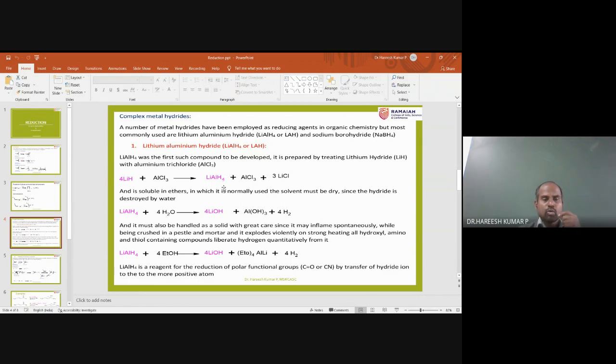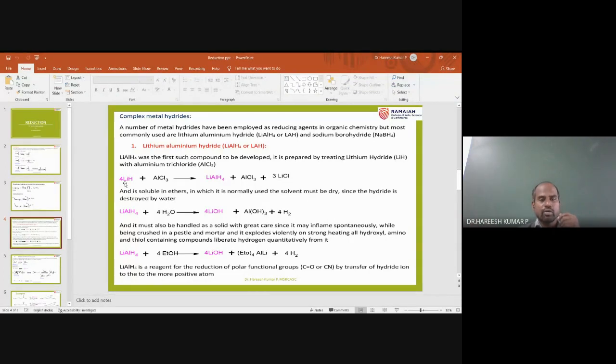One more thing I need to mention: lithium hydride, sodium hydride or potassium hydride, all these are hygroscopic in nature. Hygroscopic means if you expose them to the atmosphere, they can catch fire because they can absorb the moisture present in the atmosphere.